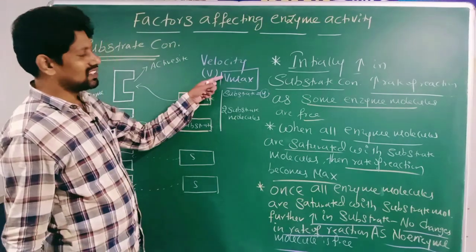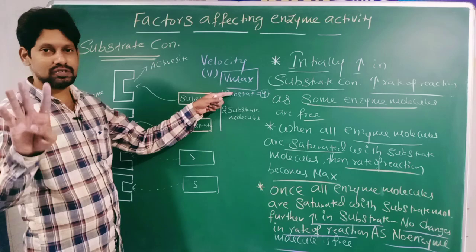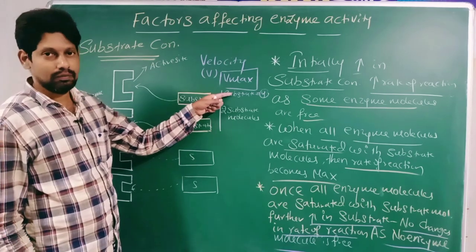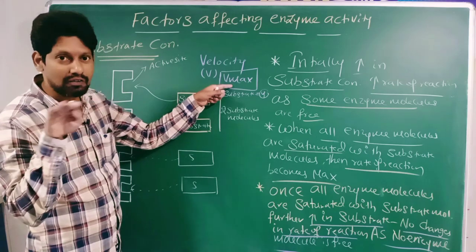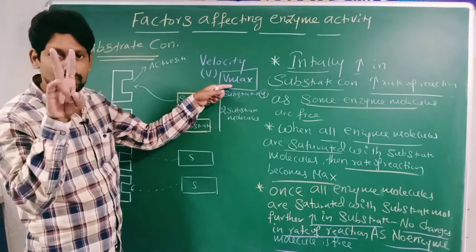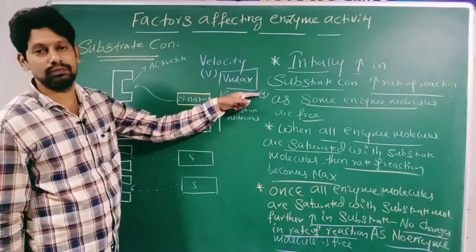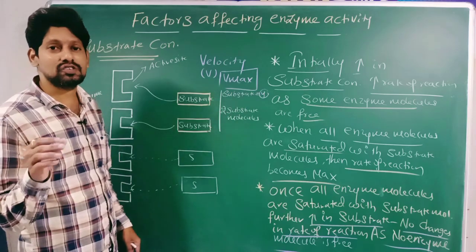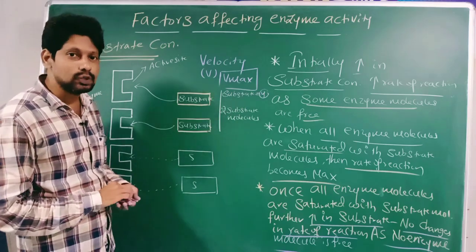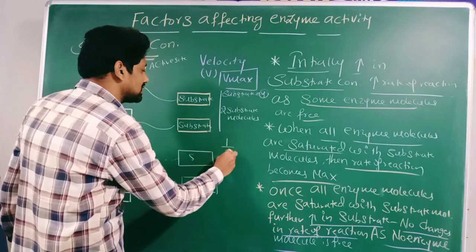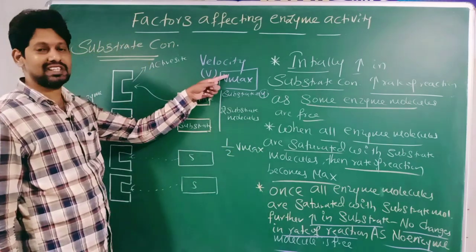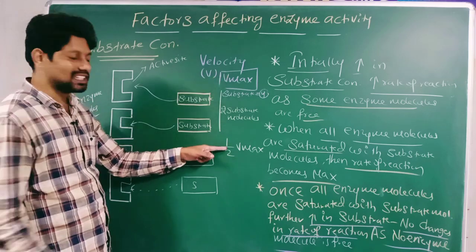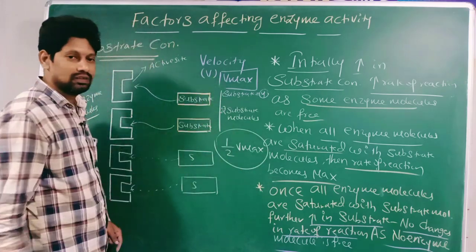To get maximum rate of reaction, 4 substrate molecules are required; for half of the maximum, only 2. This is the number of substrate molecules required to attain half of the maximum velocity. Vmax means maximum velocity.